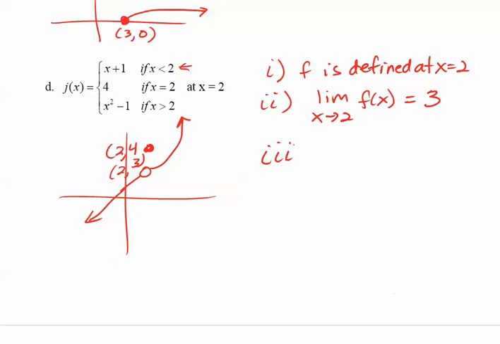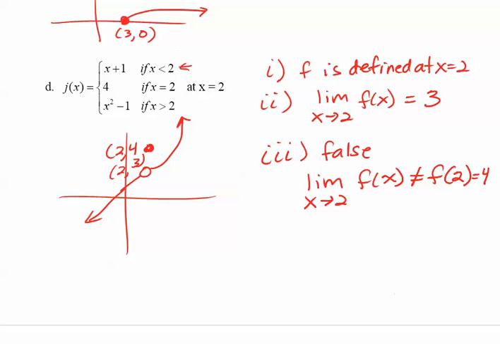But part 3 is false. Part 3 is where it fails, because the limit as x approaches 2 is not equal to f of 2, which happens to be 4. So here we know 3 is not equal to 4. The limit was 3, and the actual value of f of 2 is 4. So we know that part 3 is false.